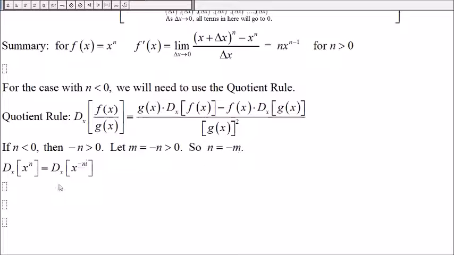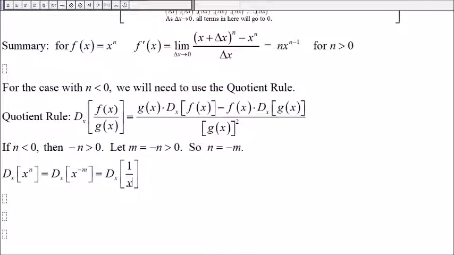N is negative m. And then for x to the negative m, we can write it as 1 over x to the m. So we have a negative right here, and then we can write it as 1 over x to the m. And now we can use the quotient rule right here. So think of f of x as 1, and then think of g of x as x to the m.